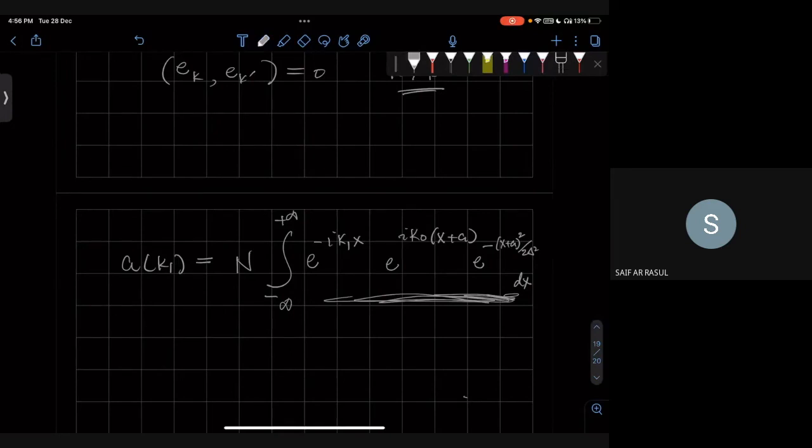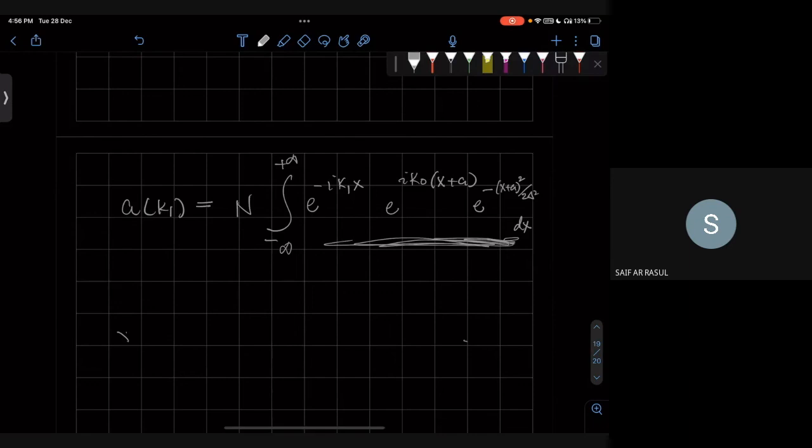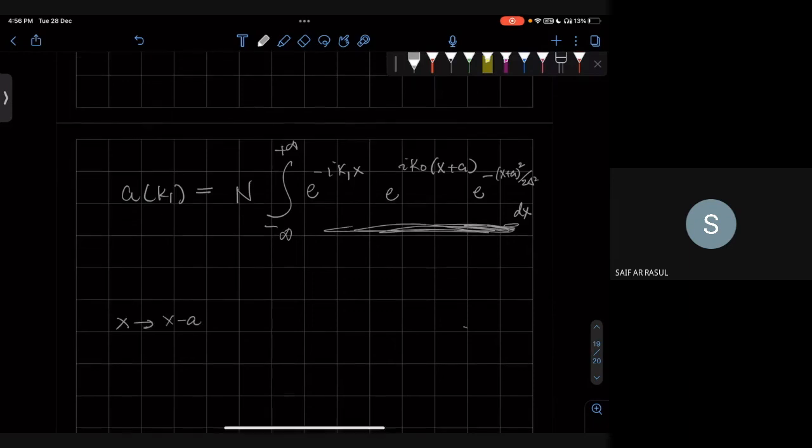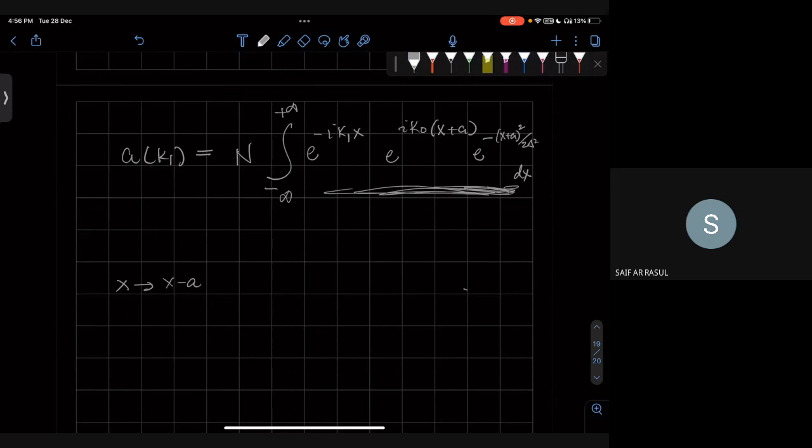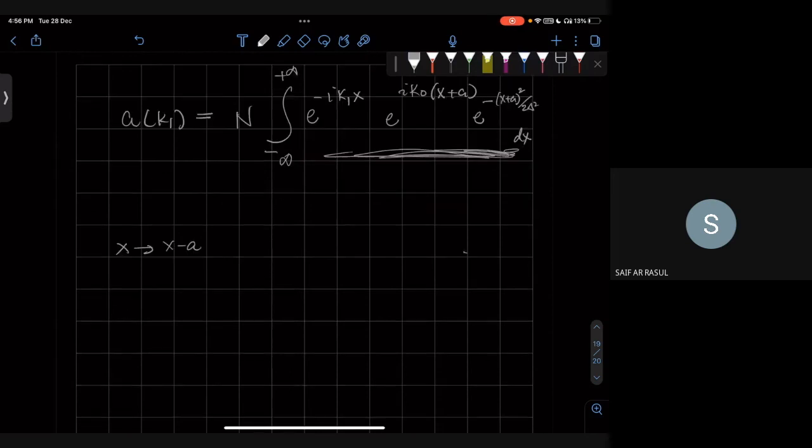Okay, now we can shift the integral from x to x minus a, and we are allowed to do that. That's a symmetry, and then it's just some constant.